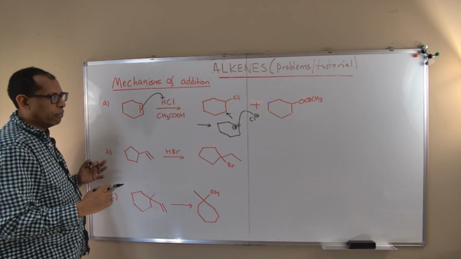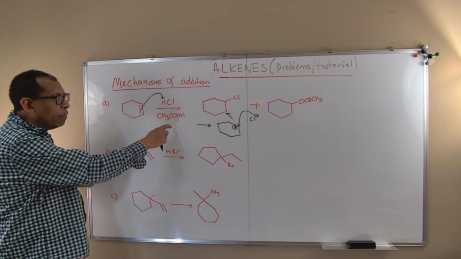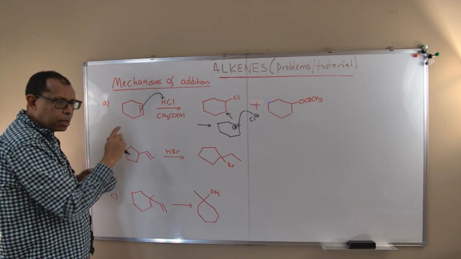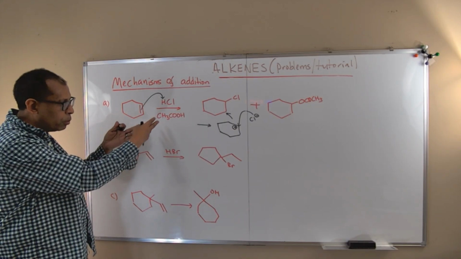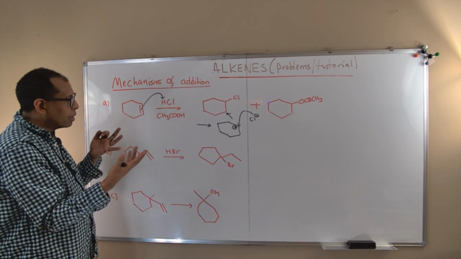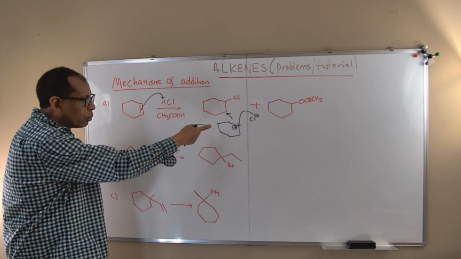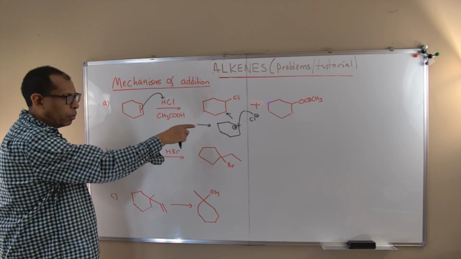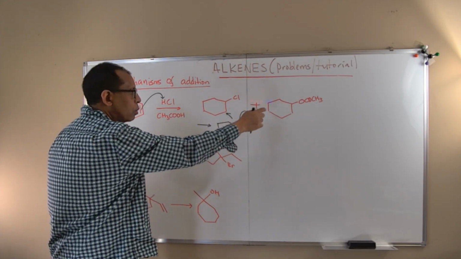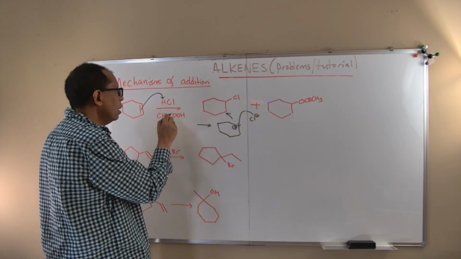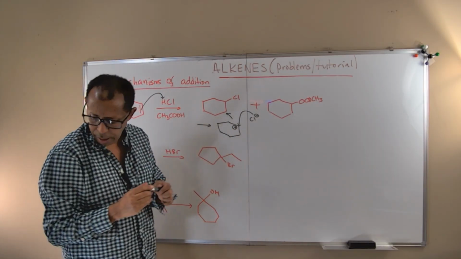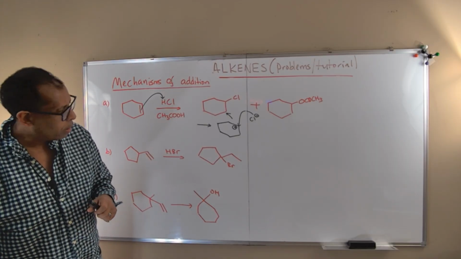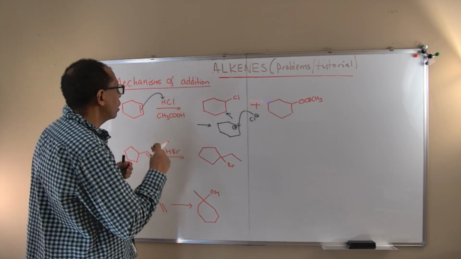Very easy, straightforward. But if you use some nucleophilic solvent or nucleophilic species, like water, or anything that's nucleophilic, that could also attack that carbocation. So this one is formed because this could attack that carbocation. I will be using a different color, a red color.